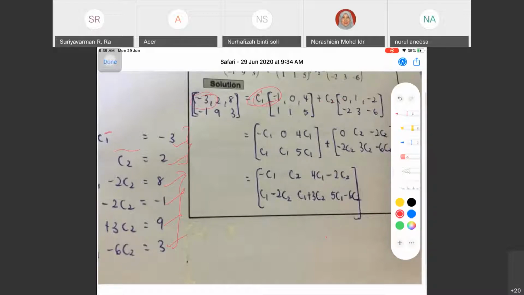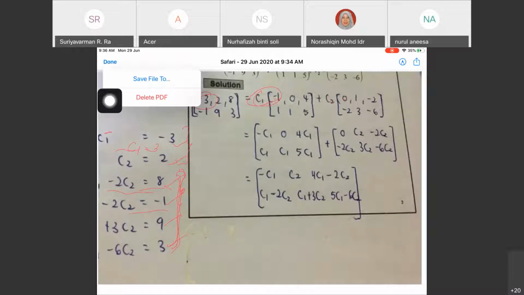So silap sikit Nurul sini. So C1 equal to 3, C2 equal to 2. So you don't have to add all these things. If you use this equation, you will get the same thing. So you don't have to find all that. Boleh? Okay, Nurul?